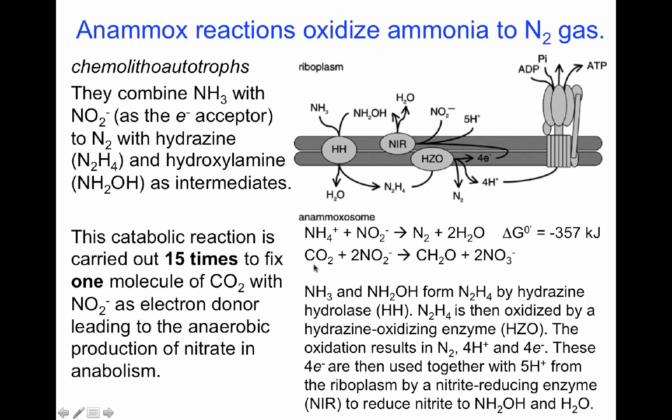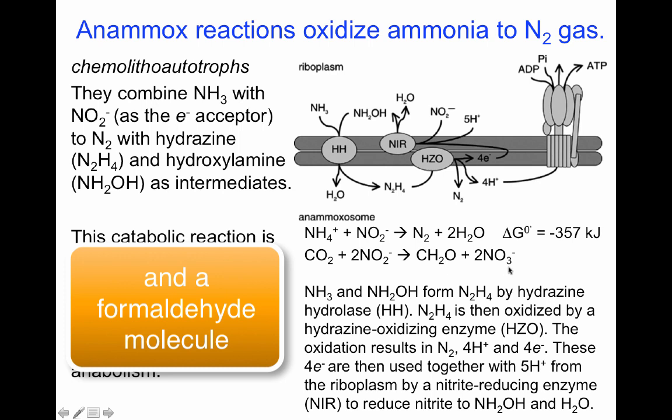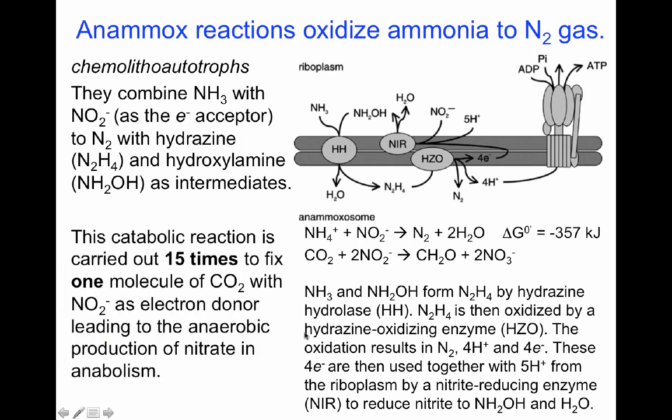And that fixation is going to happen by having a CO2 molecule take some of the nitrite made by the cell and eventually form nitrate that is going to be released. So it's very energetically demanding to fix carbon, and therefore that reaction for ammonia oxidation has to happen close to 15 times to produce enough energy to get the carbon fixation reaction going.